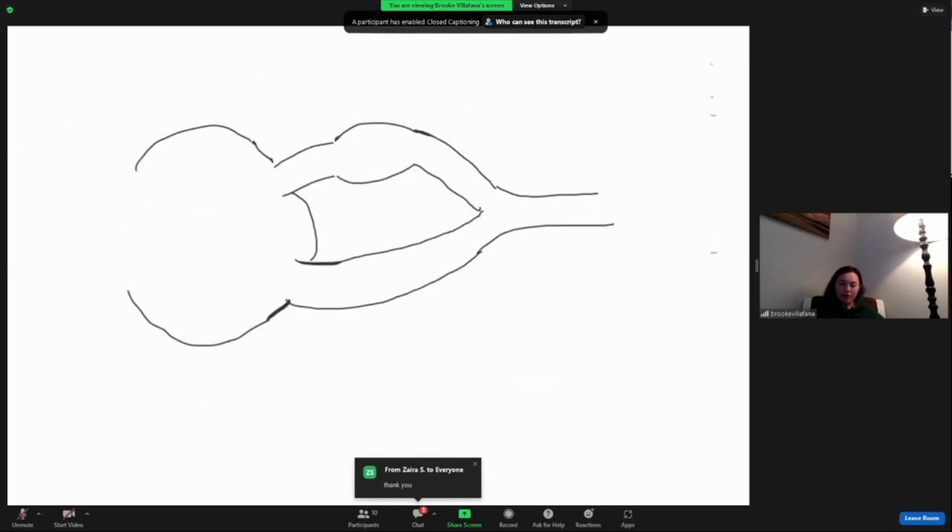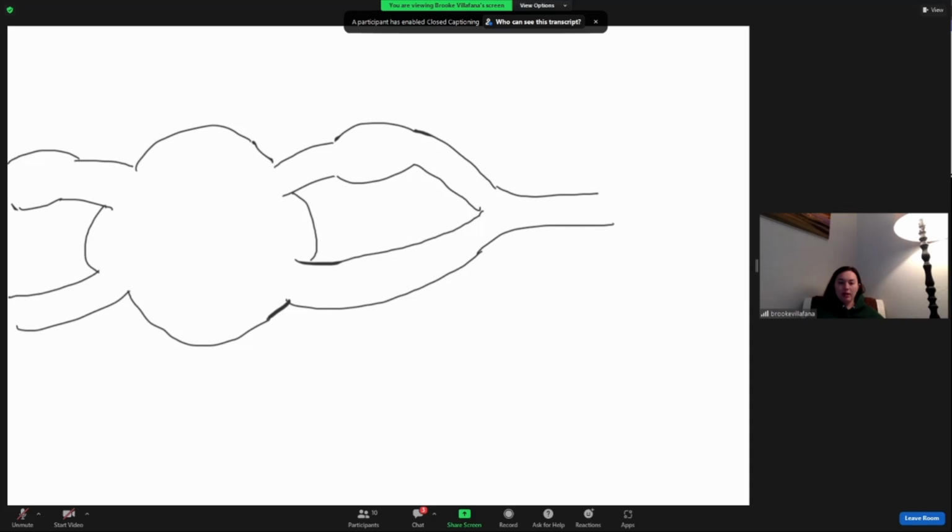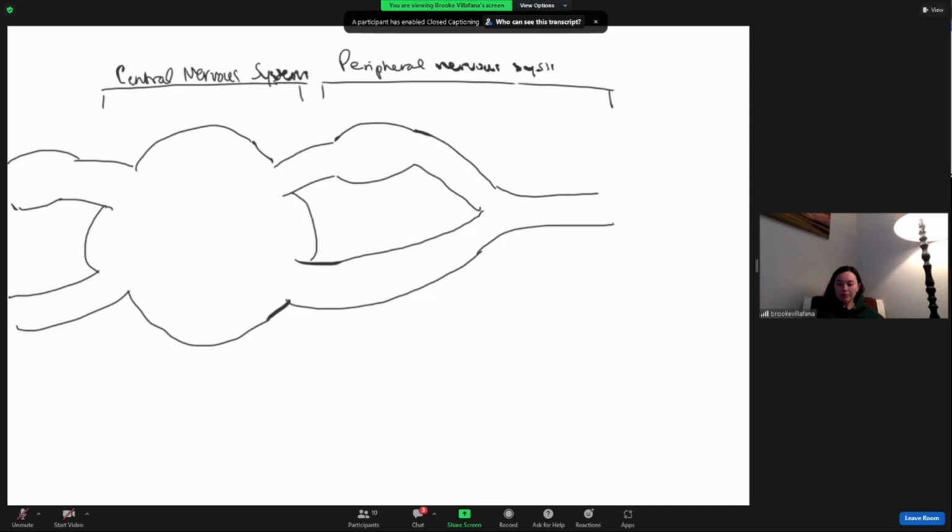All right, so our spinal cord, it repeats on either side, but I don't draw it on either side because we kind of run out of room, but just know it would do the same thing on that side. So this is our spinal cord. When we're right here, we're in the central nervous system. When we're out here, we're in the peripheral nervous system.